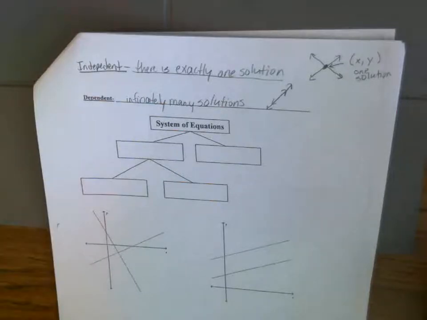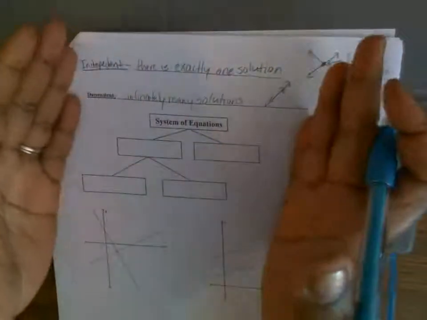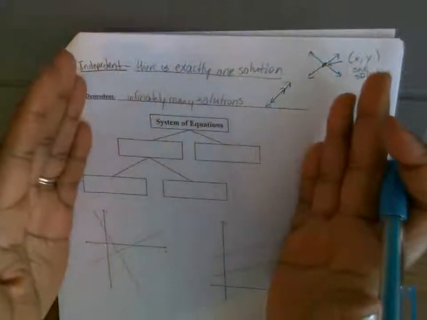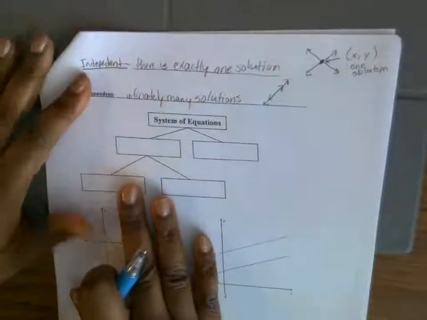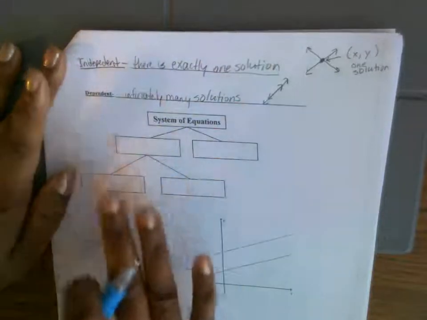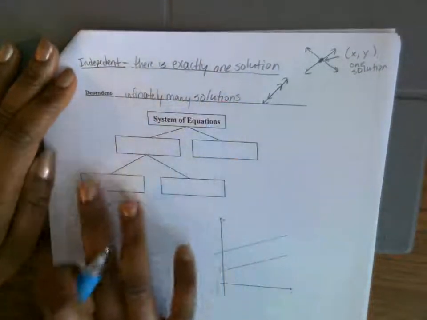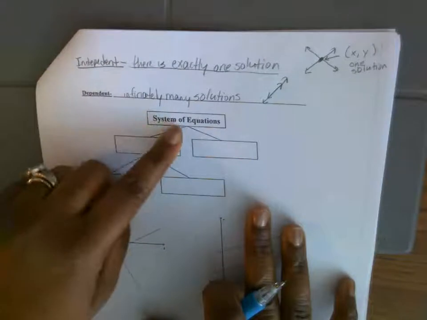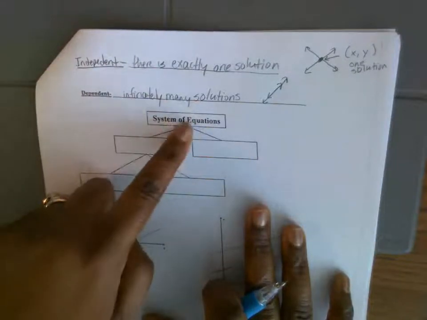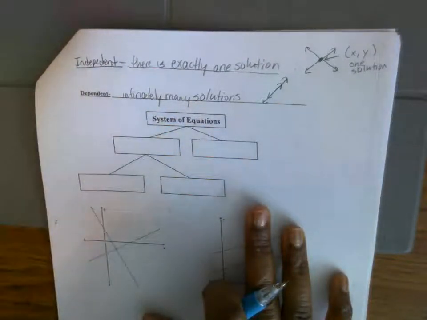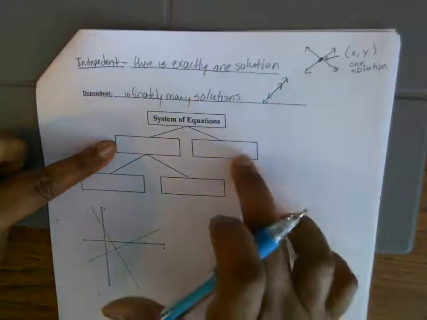Okay. Now we're going to take these vocabulary words and put them into a graphic organizer. All right. So a system of linear equations or system of equations is either going to be consistent or inconsistent.